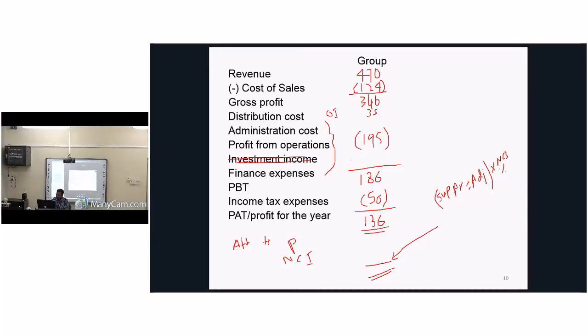So here 40,000, there is no adjustment, into acquisition percentage 80 means 20%. 40,000 into 20 means it's 8,000. 8 will be this part, then it's very clear, balance will be 128.